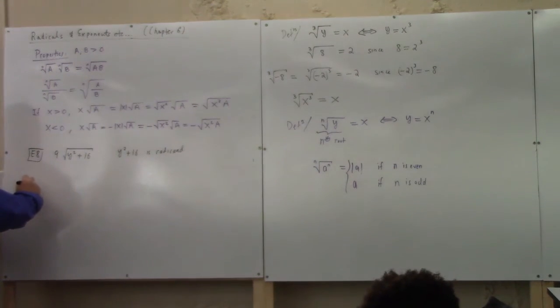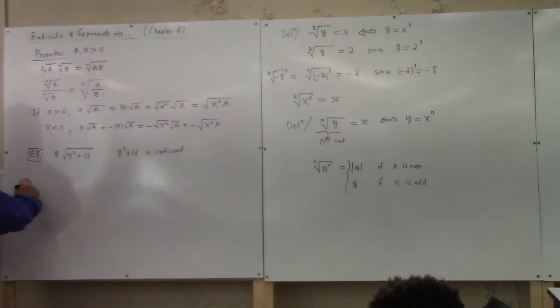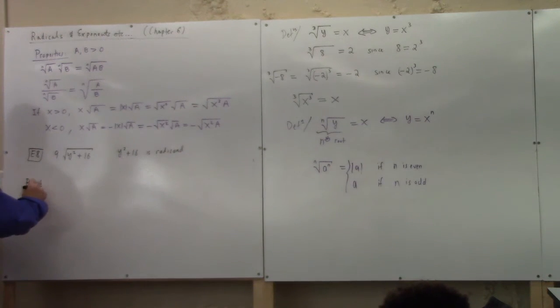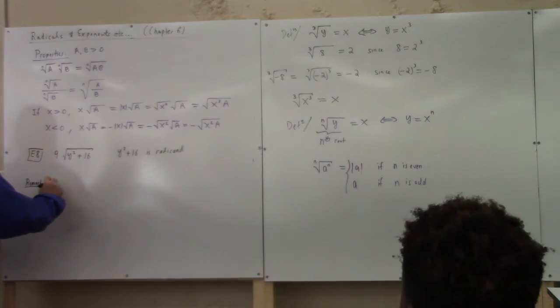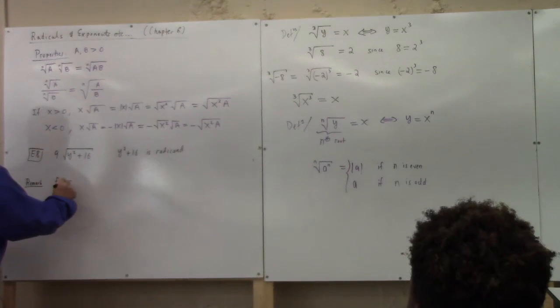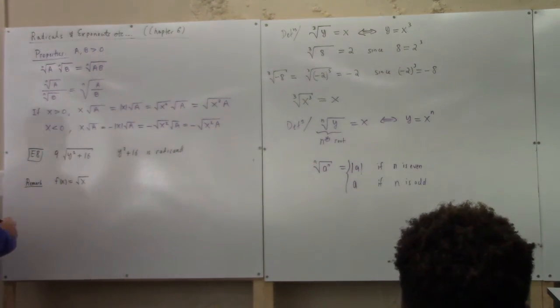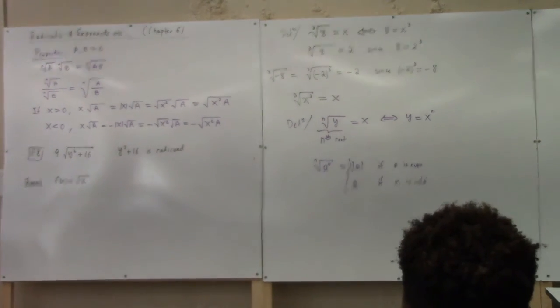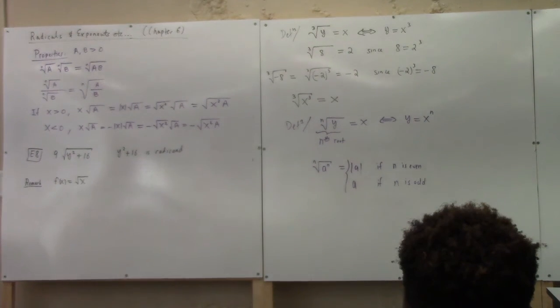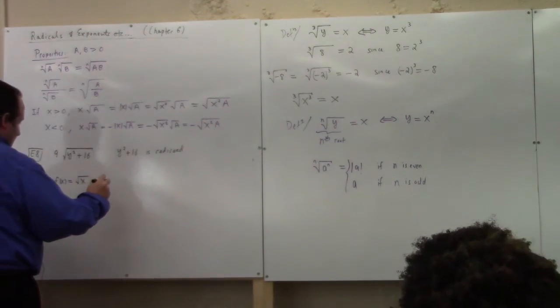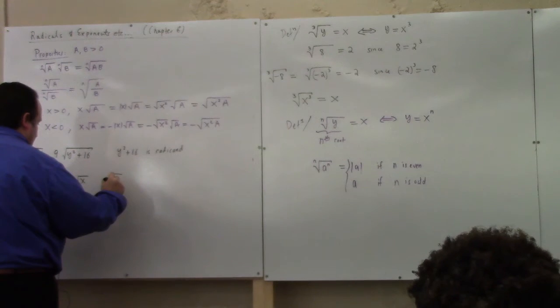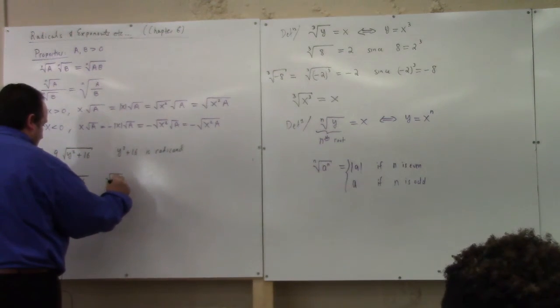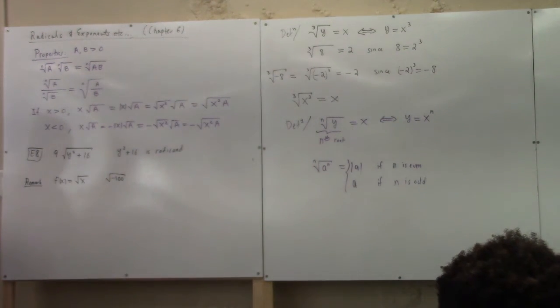The other thing I should tell you guys about is if we had f of x equals the square root of x, what would the domain be? All real numbers? Well, what would be the square root of minus 100? I hear 10.